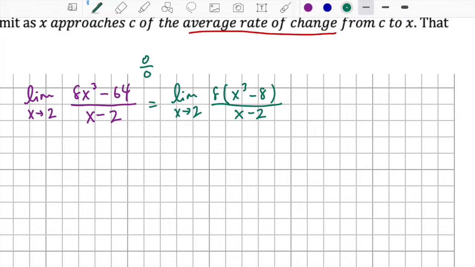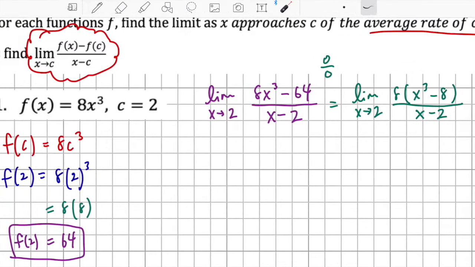All we did was factor an 8, that's it. But now I have to factor this because I want to cancel the denominator. So I need to factor this. This is a difference of cubes.